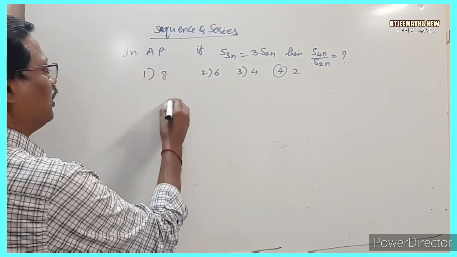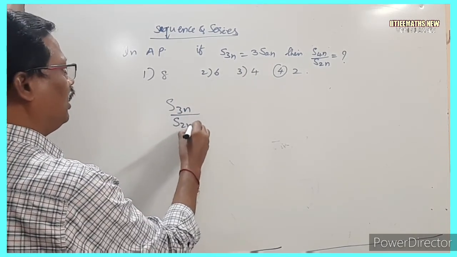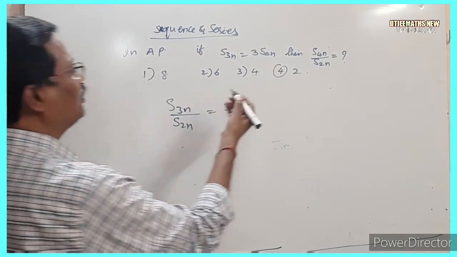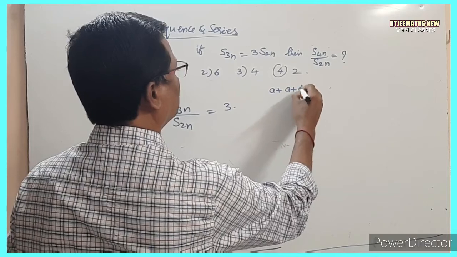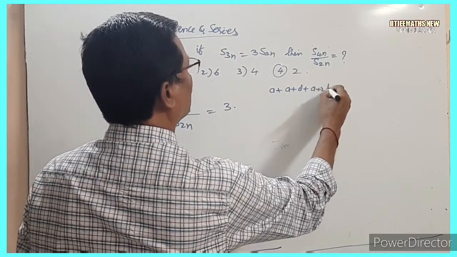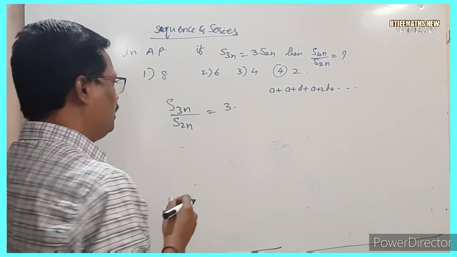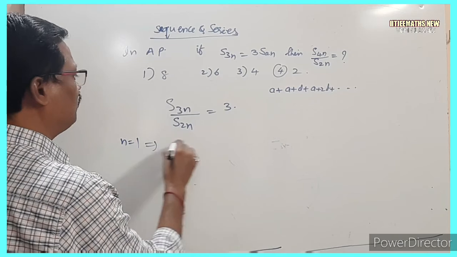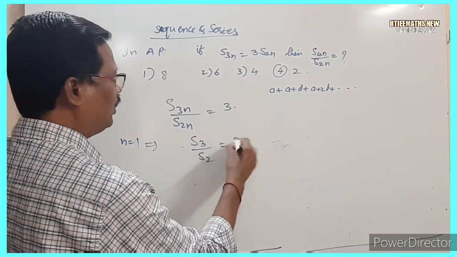Now see that S3n by S2n is equal to 3, what they given. Now I am keeping n is equal to 1. What about the series? AP series, consider this is a, a plus d, a plus 2d, go on like this. This is the AP series, right? And put n is equal to 1. This implies S3 by S2 is equal to 3.